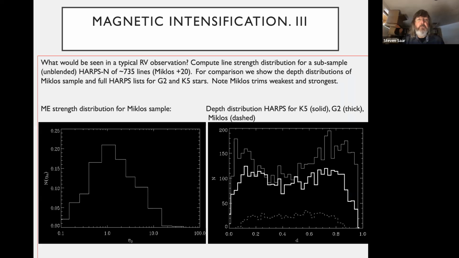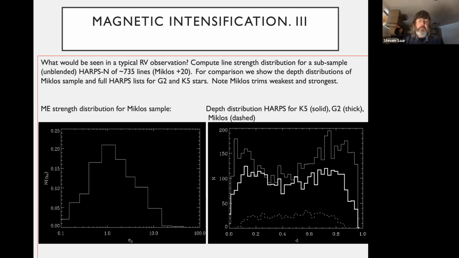So we're just on individual lines so far. What happens when you make an RV observation of many different lines? Here I've computed the line strength distribution for a subset of very unblended lines that was picked by Miklos et al. in 2020, with about 735 very clean lines from the Hudson Rivers.